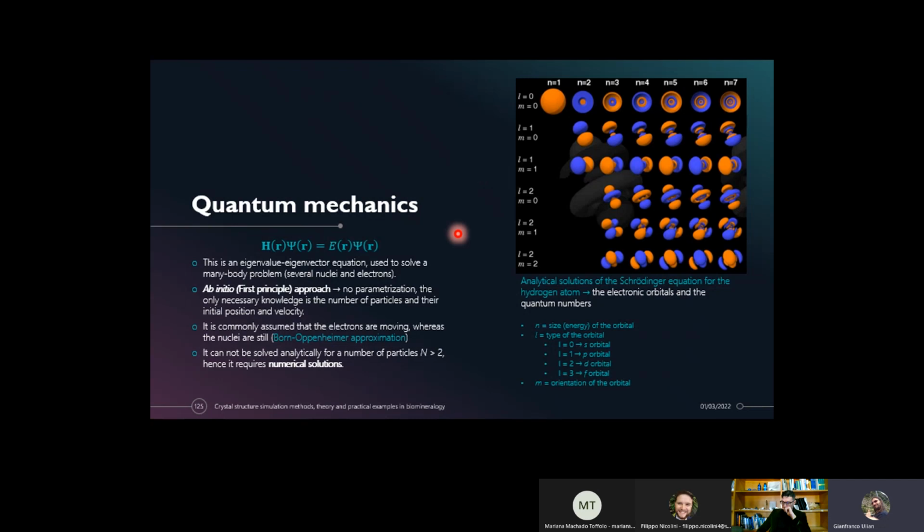For all the other atoms, and for all the other systems, molecules, solids, we have to introduce different kinds of approximations.